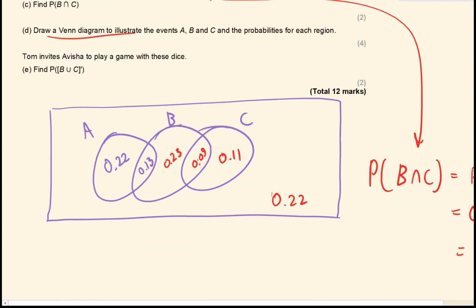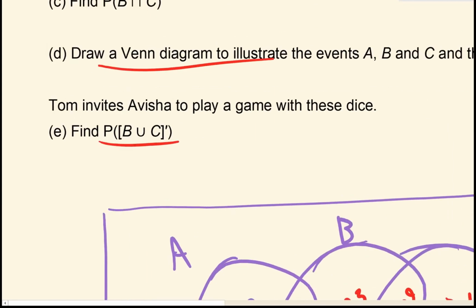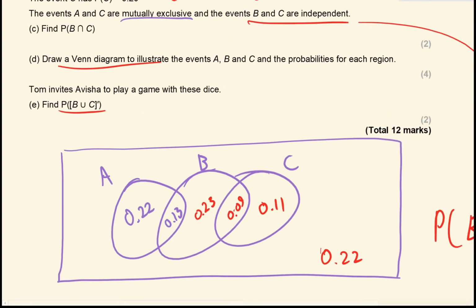Okay, last question, and again they're really messing with us with the awkward notation. So we're going to work out now, find the probability of not B or C. Okay, let's highlight that on my Venn diagram. So B or C is all this stuff over here. I want not that.